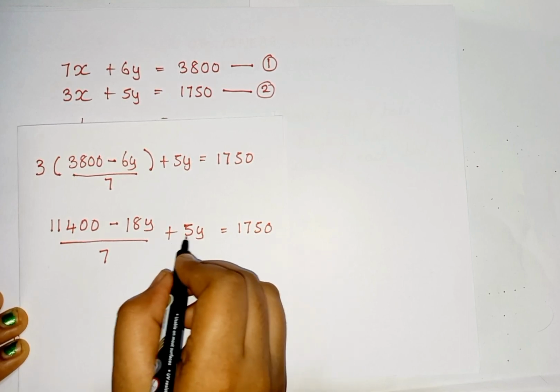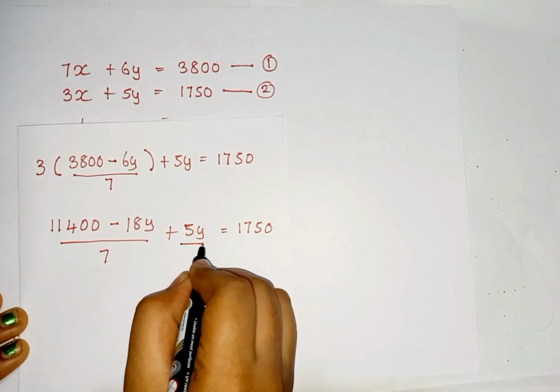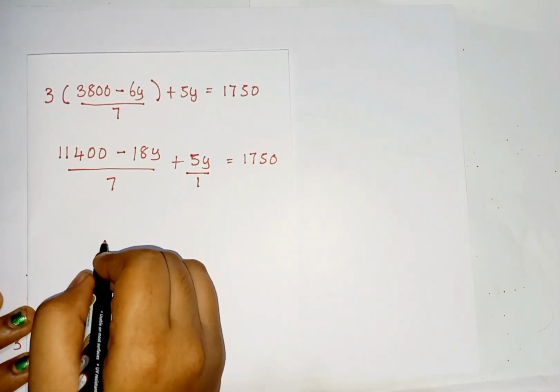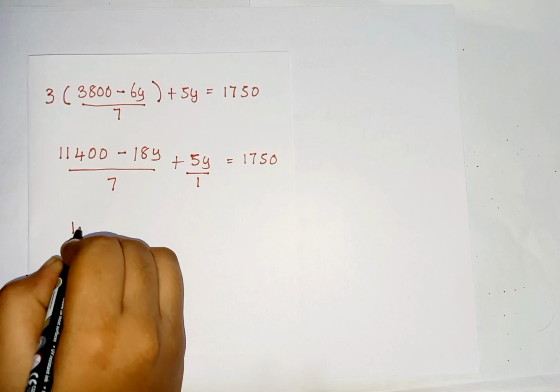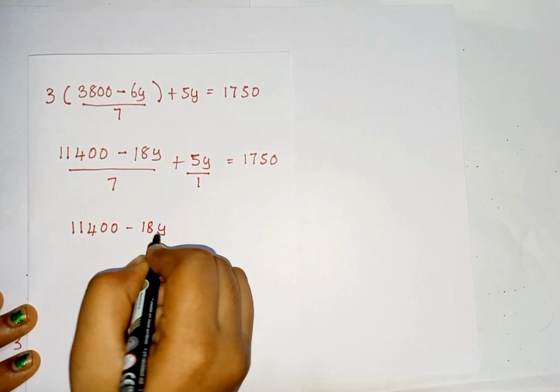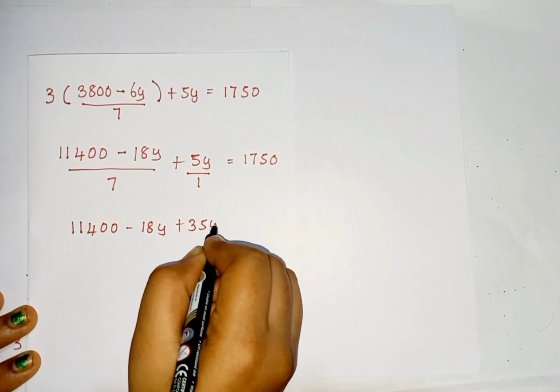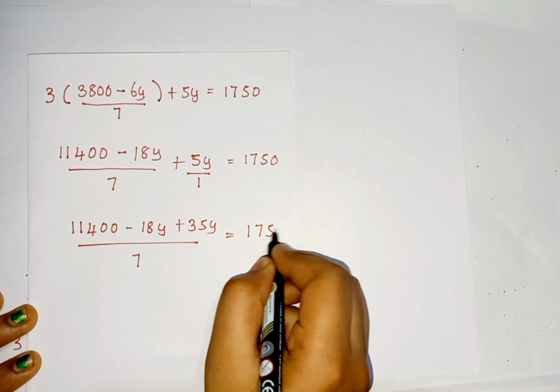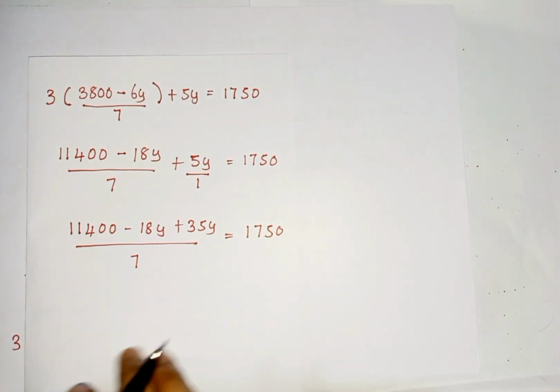Now you can see we have 5y, so let us write it divided by 1. Now we can take the LCM, right? When we take the LCM, I get (11,400 minus 18y plus 35y) divided by 7 is equal to 1750.